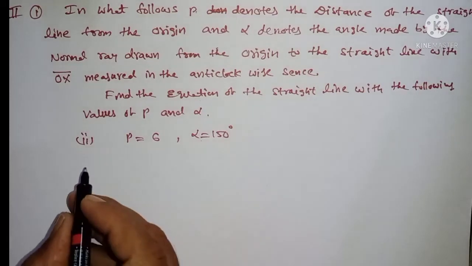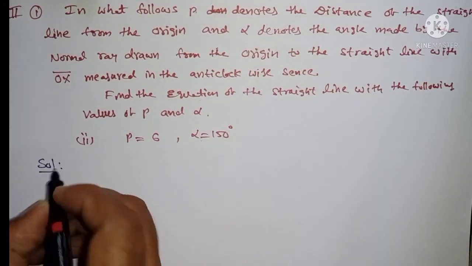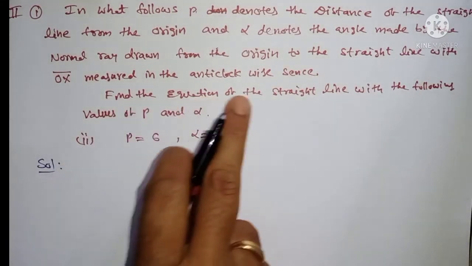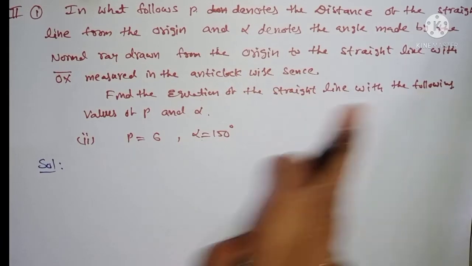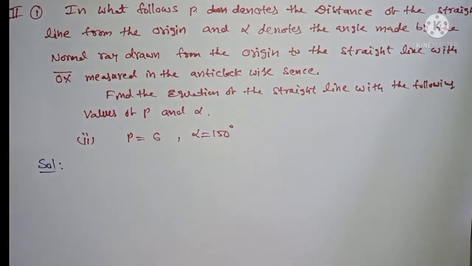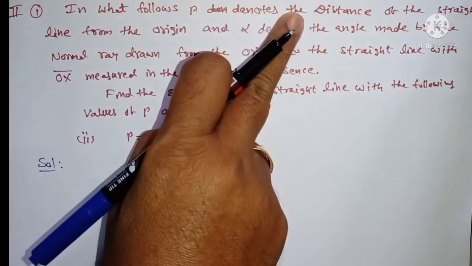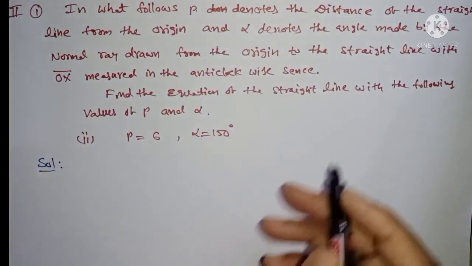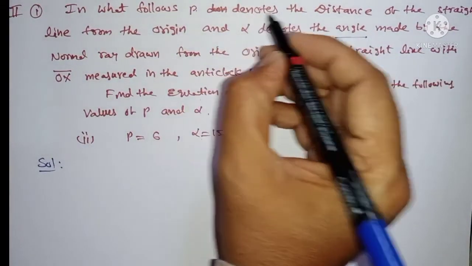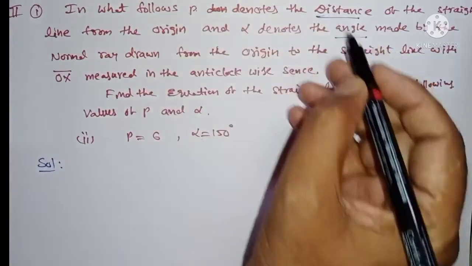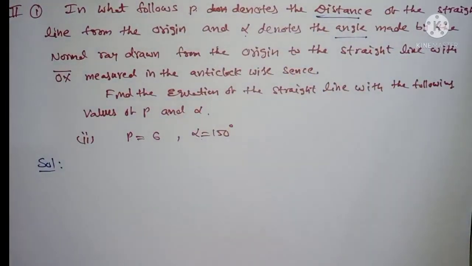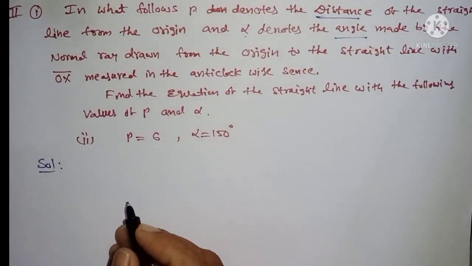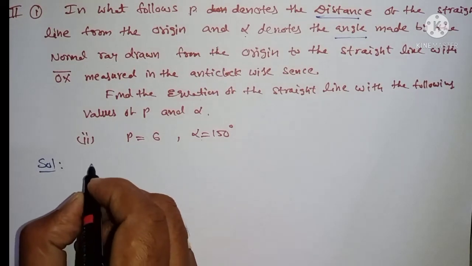Listen, solution: our understood question is to find the equation of the straight line with the following values of P and alpha, where P is a distance and alpha is an angle only. Therefore, observe the normal form equation here.